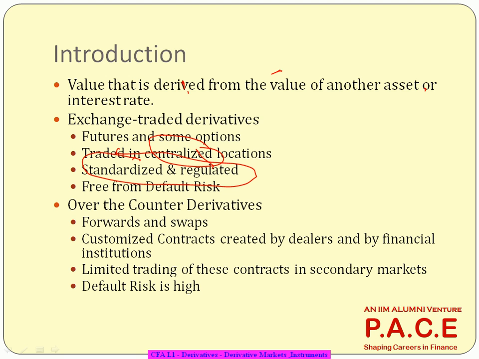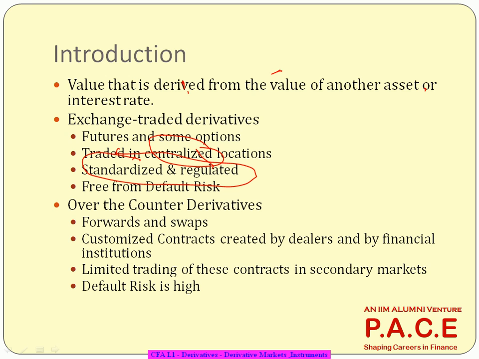Or if you want 7.2 kgs, no, either buy 5 or 10. So it's more standardized. And when I talk about over the counter, it's just between two parties. So you can set your terms and conditions. You can negotiate your terms and conditions. So it's a completely customized kind of contract.